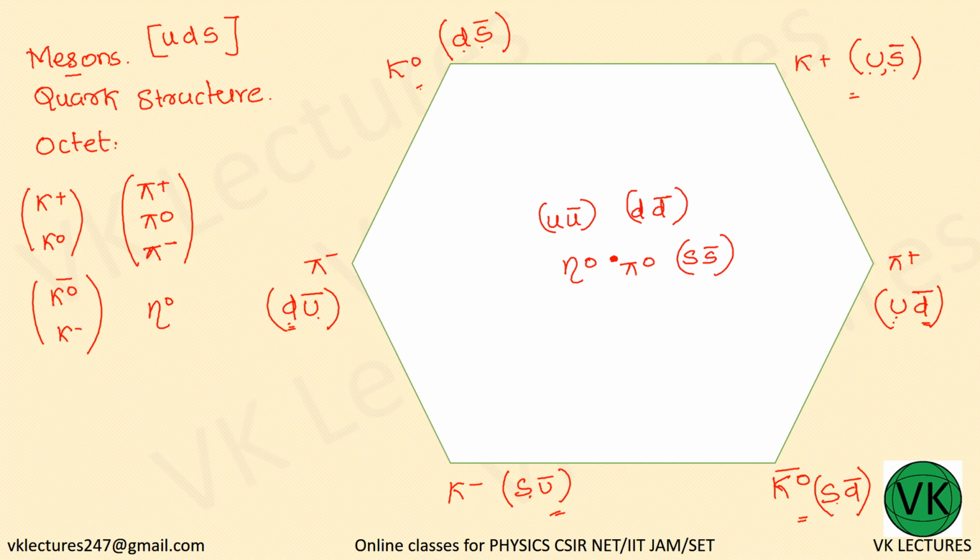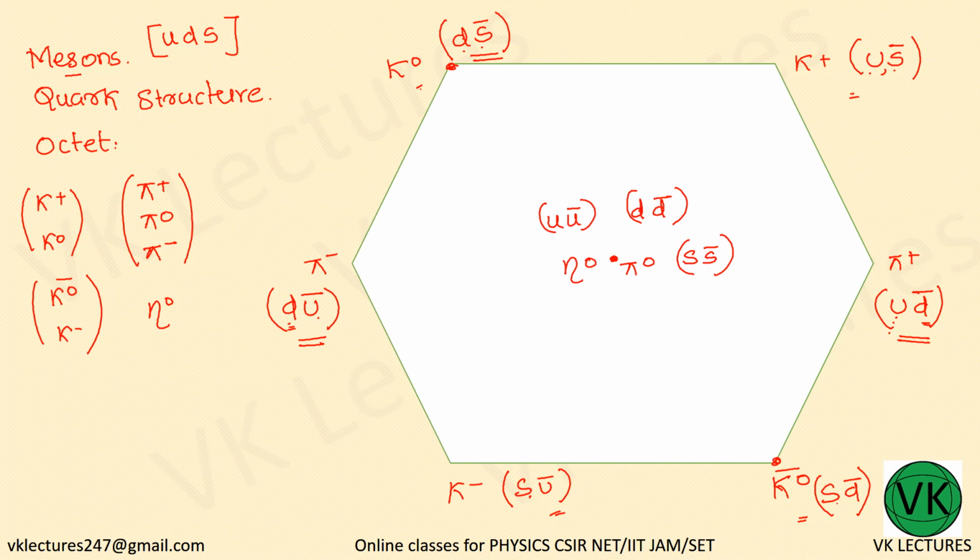So just find the opposite quark and write it down. One example, here you have u d bar, and the opposite side is d u bar. Similarly, you have here d s bar, and opposite is s d bar. Okay. So if you can picturize this in your mind, you can get any particle, charge, strangeness, everything.